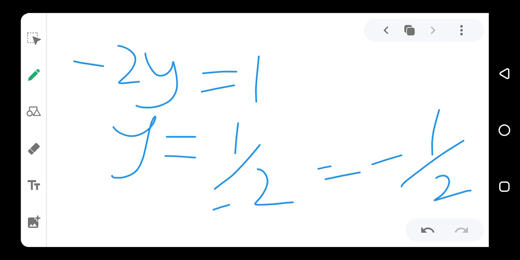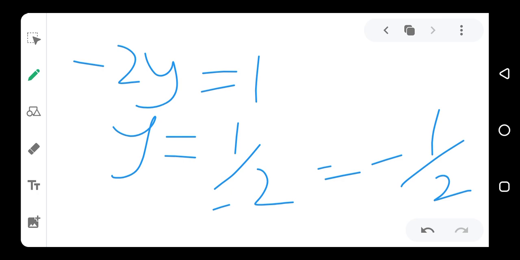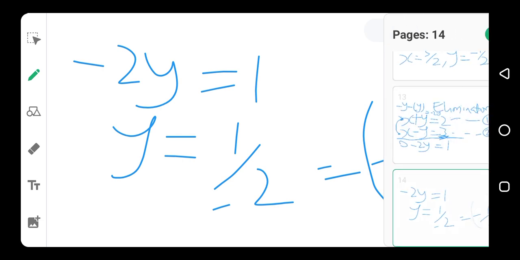So we put that same value into any of the equations like we did in the substitution method. Now we put this minus 1 over 2 into any of the equations. Let's put it again in equation 1. We can also put it in equation 2, any one we like.